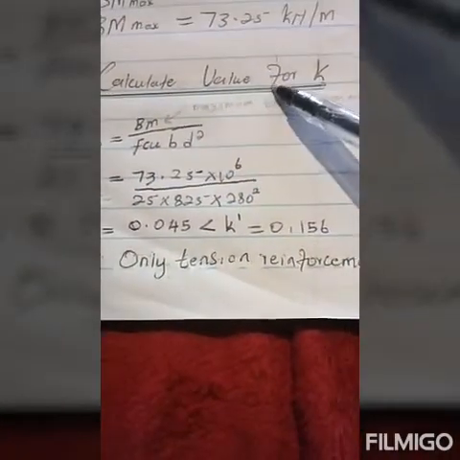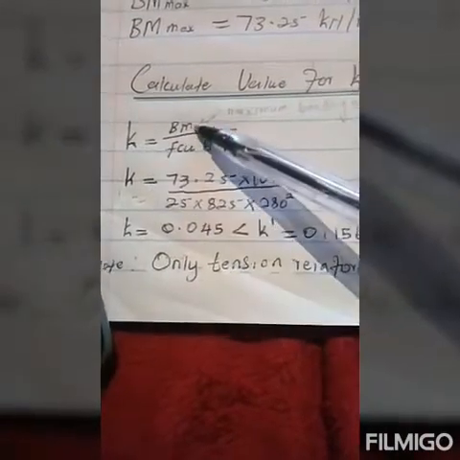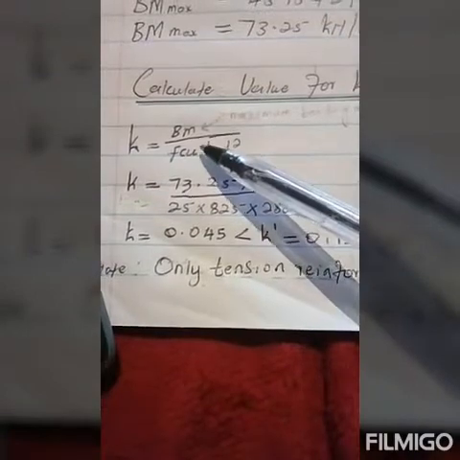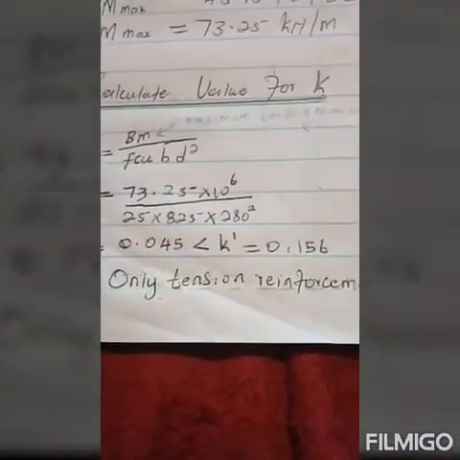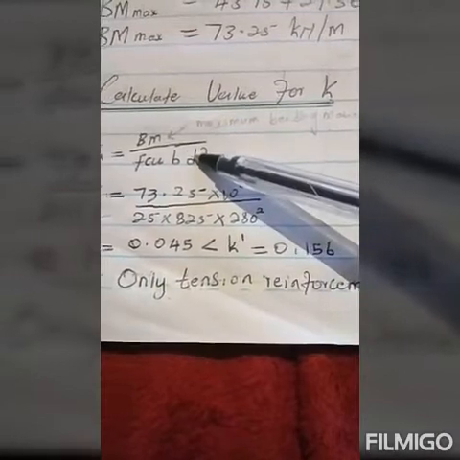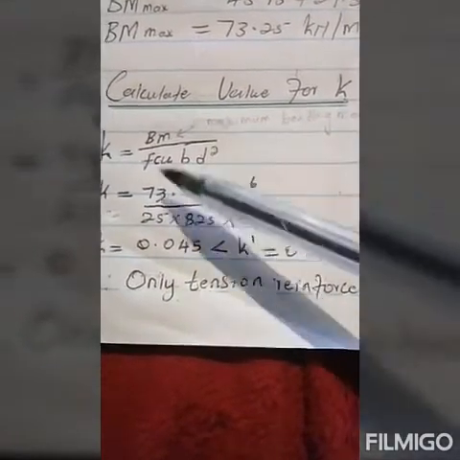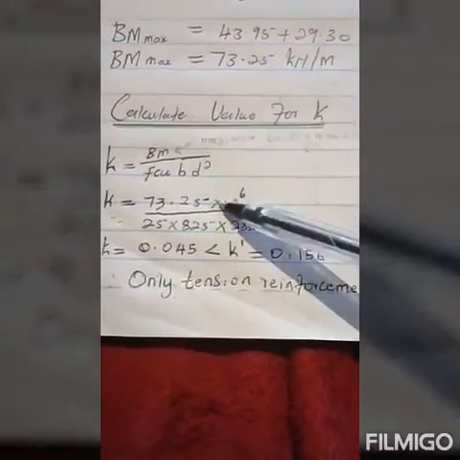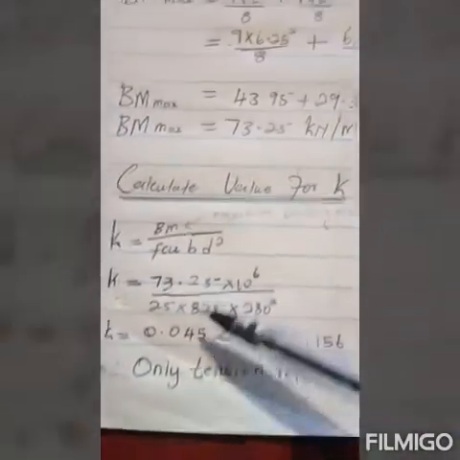We're going to calculate the value for K. K equals bending moment over FCU, the stress of concrete, times our breadth times our effective depth, all squared. The bending moment is this one, the maximum bending moment, times 10 to the power 6.